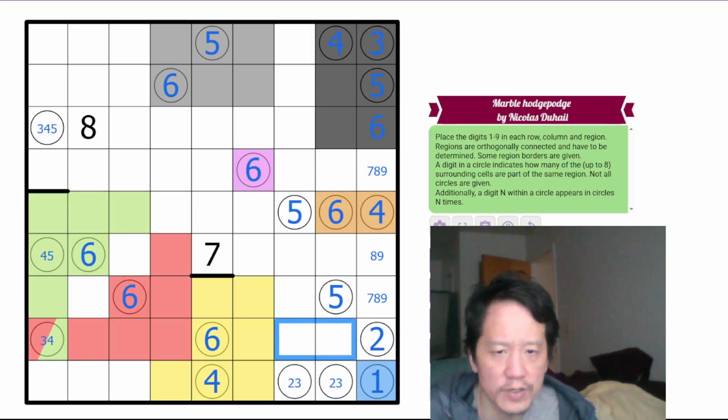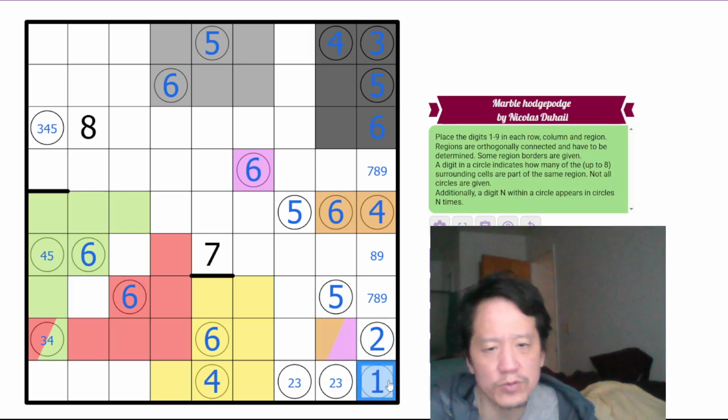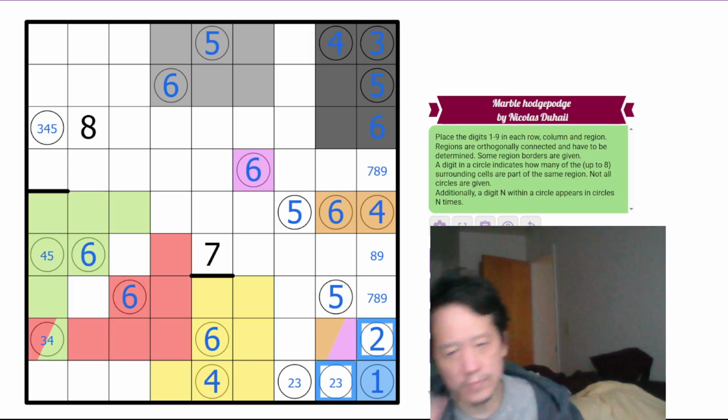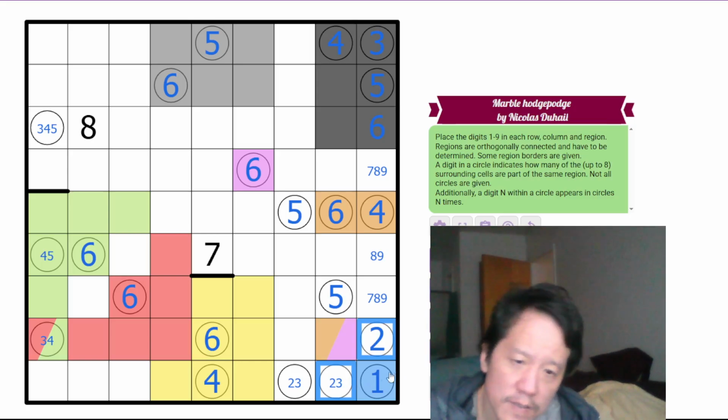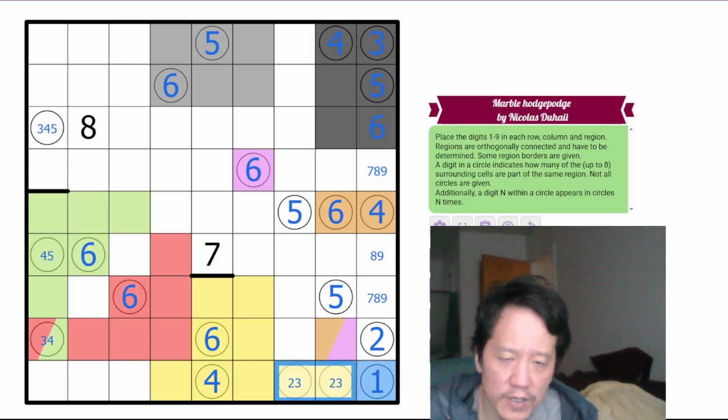So this cannot be yellow. Maybe it could be orange or pink. It has to be different than the blue, is basically the point. Right? Because this sees only one of these remaining digits. So I guess it could be yellow, yellow here. No, this can't be yellow.